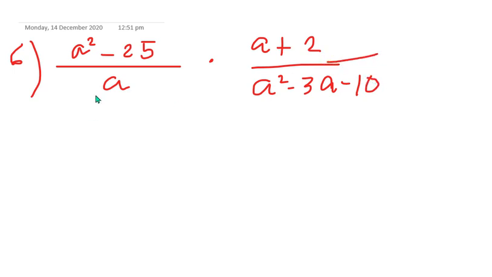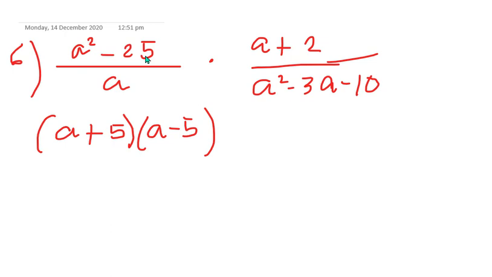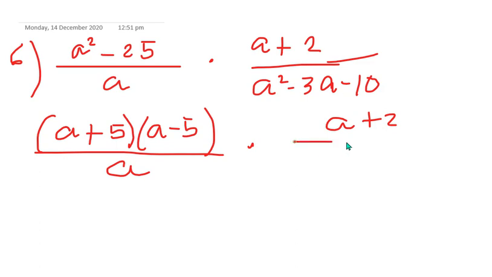Okay. So here, we can use the difference of two squares. So a plus 5 times a minus 5. Why? Because the square root of 25 is 5. So one positive and one negative, and we copy times a plus 2 over.